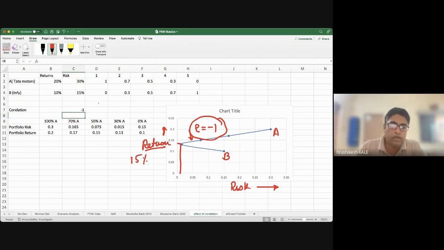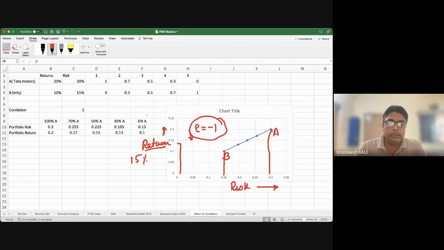But when correlation is +1, what is happening here is that I am not getting any benefit of risk. It's a straight line.